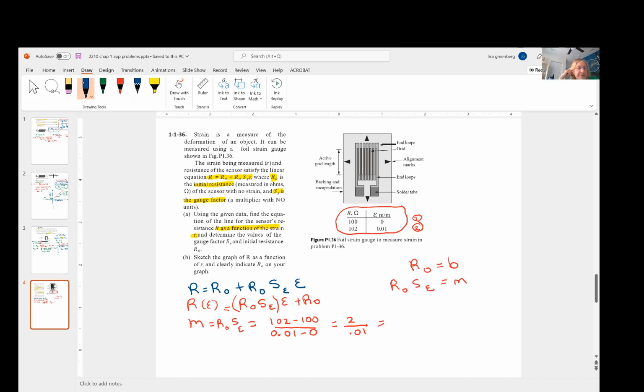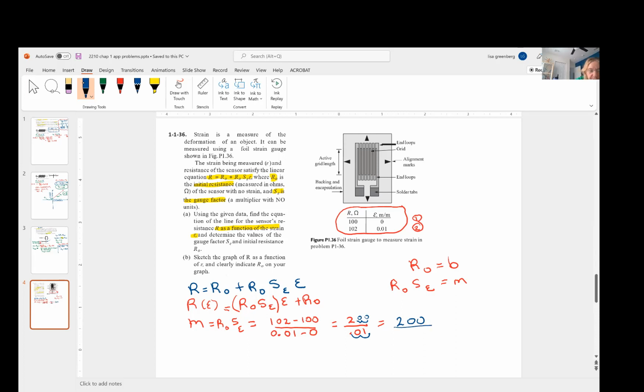A little bit of arithmetic if you don't want to have to pull out your calculator every time you do anything. If I move this decimal point 2 places to the right, then that becomes 1. So I can move this decimal 2 times to the right, and this becomes 200. Okay, so now we know our slope.